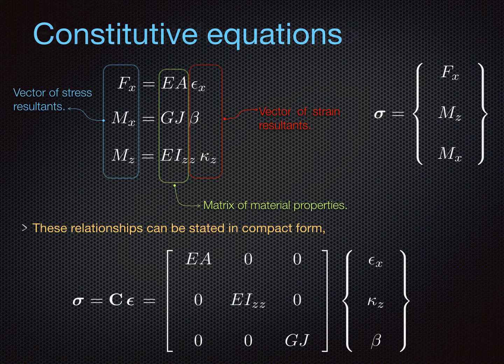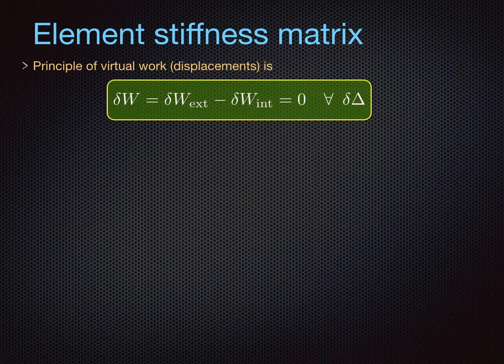So now we have all the necessary ingredients. Let us now move on to the determination of the element stiffness matrix using the principle of virtual work, in this particular case the principle of virtual displacements, which was expressed compactly as shown in this green box: the virtual work is always equal to 0 for all possible virtual variations of the generalized coordinates, del delta, and the total virtual work is equal to the difference between the external virtual work and the internal virtual work.